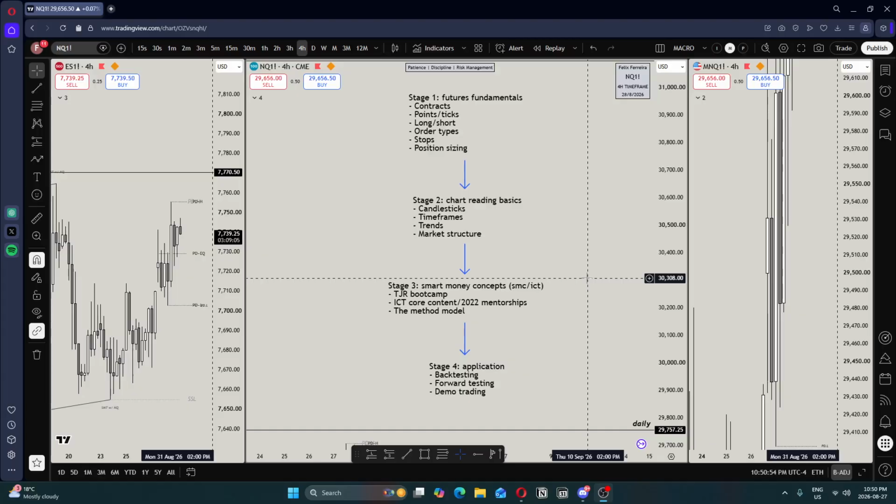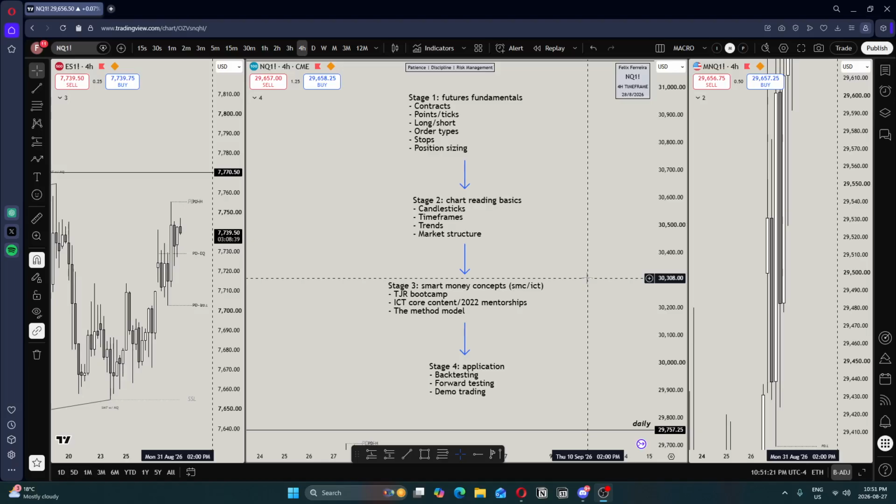The other path, I put the method model because really the goal of this server, this community, is to help take people who have a basic understanding of smart money concepts. Either they're not profitable yet, or maybe they're not consistent, or maybe they're complete beginners, whatever it is.